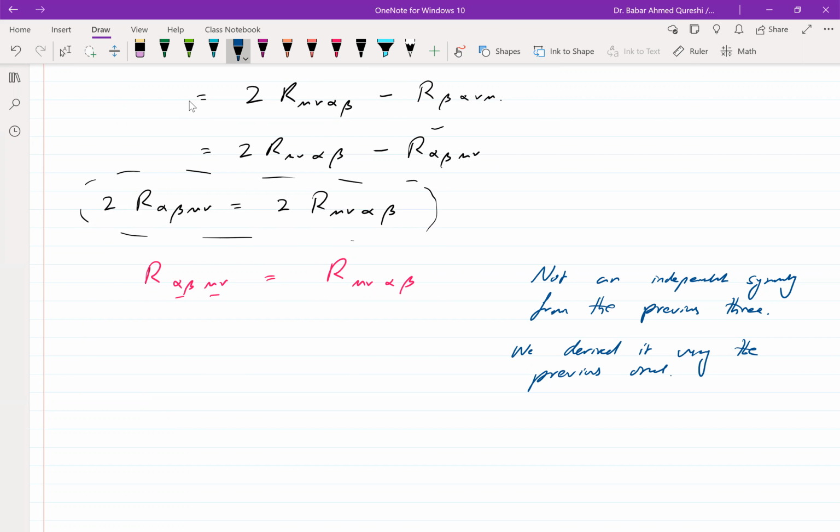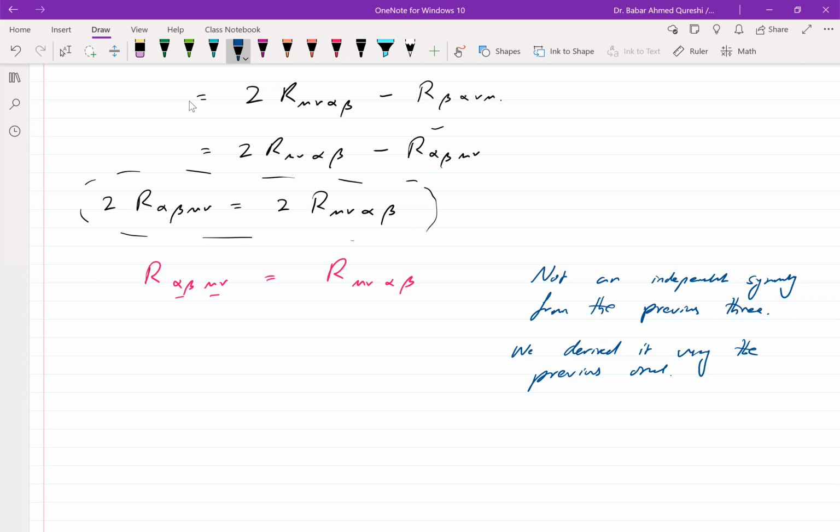Now, given these symmetries, let us do accounting. So what we have found is that these Riemann tensor components are not all independent. They have a huge amount of relations among them because there are various symmetries which connect them. So what I want to do is count how many independent components are in the Riemann tensor. To start with, you would have 4 to the fourth power, 256 components, but we know they are not all independent.